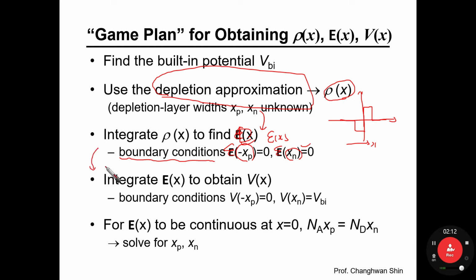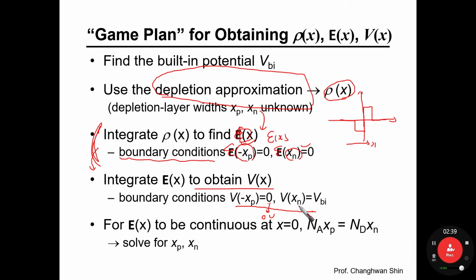Afterwards, we need to do another integration to obtain the potential across the PN junction diode. So, in this integration work, we need another two boundary conditions. That is, the potential value at minus x_p is zero. So we have defined that this is the reference voltage at x of minus x_p.